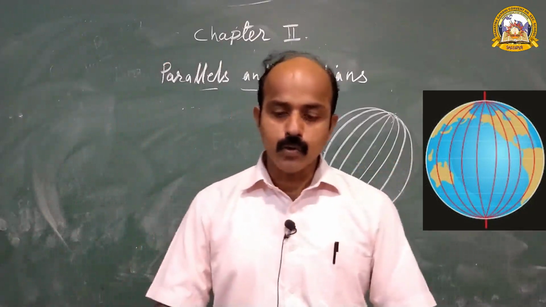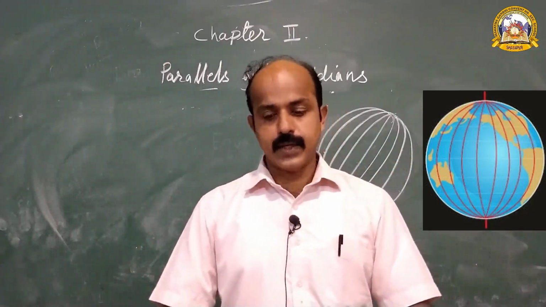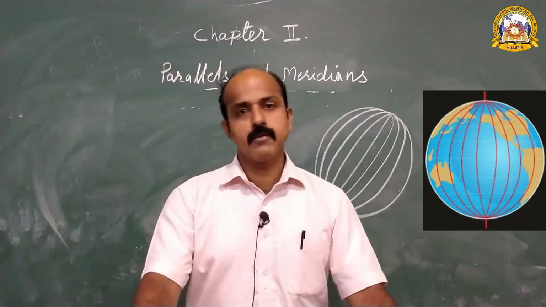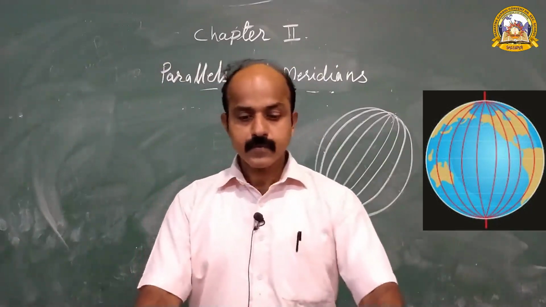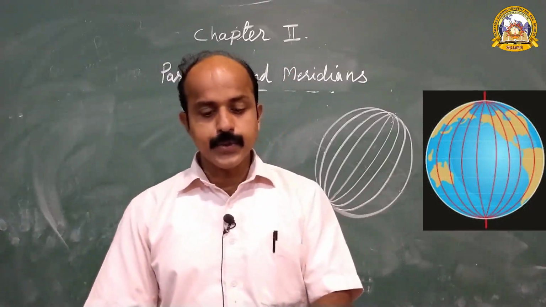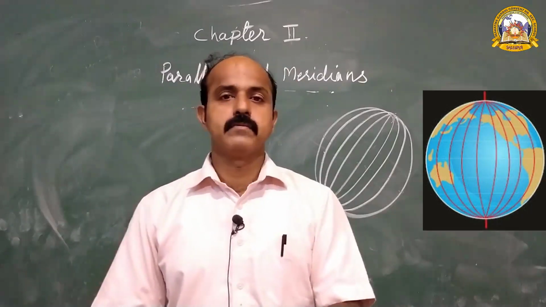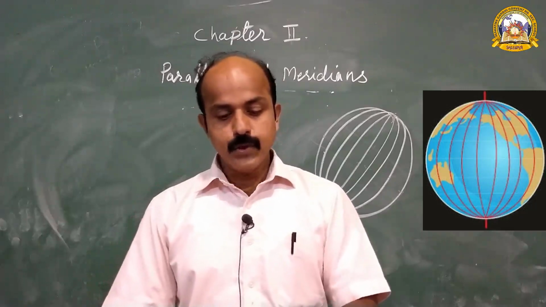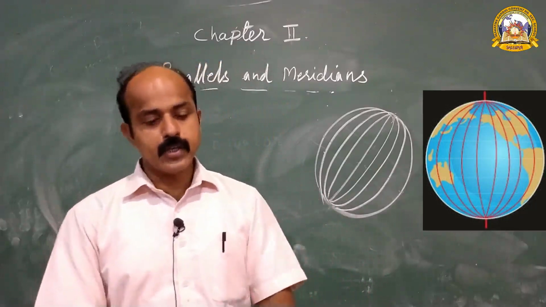Now, I wish to tell you the next point, that is locating places on the globe. This is the last part of the lesson. The parallels and meridians form a network of lines on the globe. That is called a grid. We use it to locate a place on the globe.